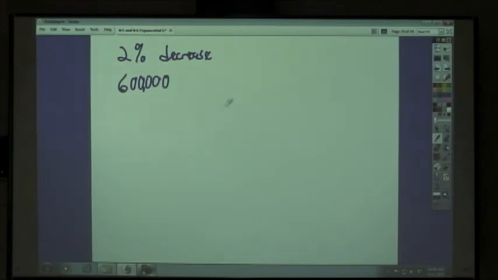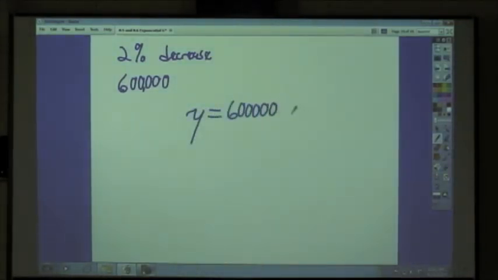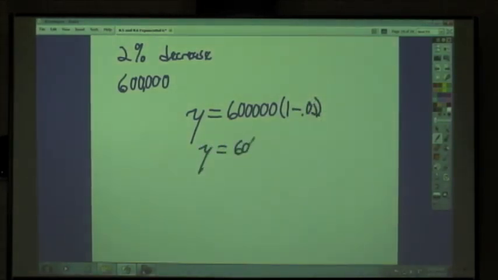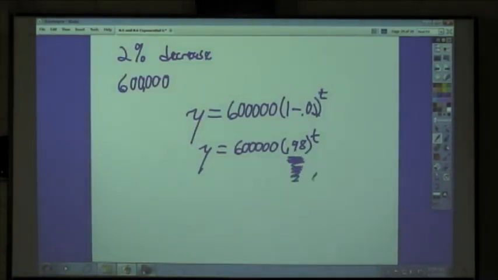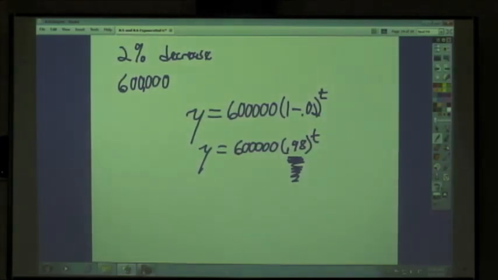So if you are finding the function for this one, it's going to be 600,000 as your beginning amount. But in your parentheses, it's going to change up a little bit. You're going to have 1 minus 0.02. Because this is decreasing, this number inside the parentheses is going to be 0.98 raised to the t power, because this is going to be going down each year. So 98% of your population is left after each year. 2% is gone. So that's why 0.98 is what is left there in that parentheses.